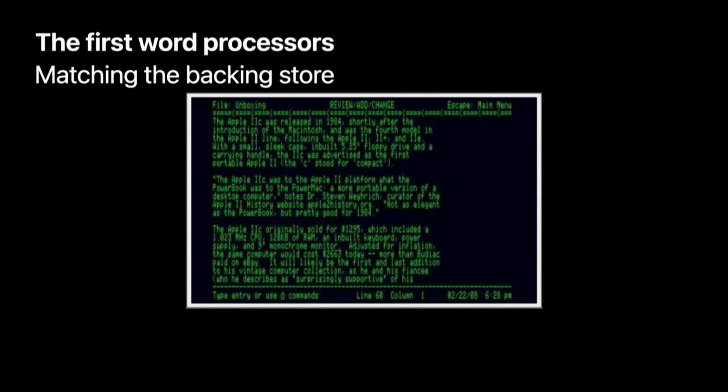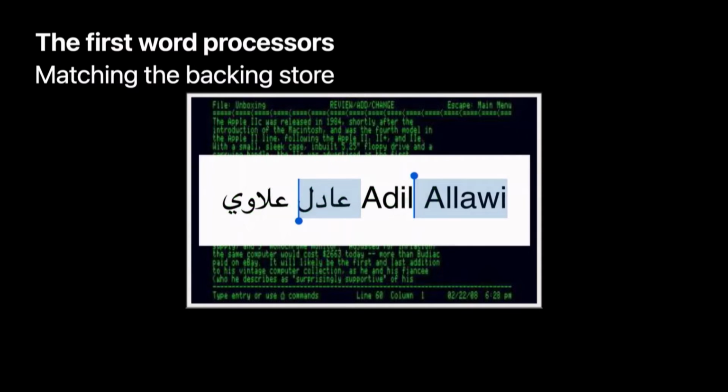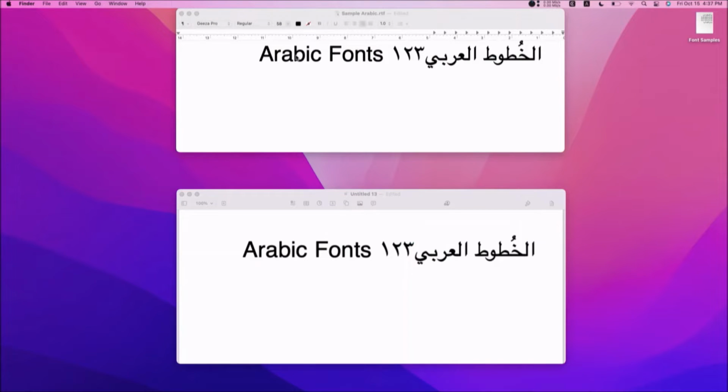And you had the backing storage, and in a way, that's where things started to go wrong for BiDi, because you end up with examples like this, where logically in the backing store, you know what you're doing here. You're selecting a single contiguous set of characters, but you've got to then mash around the user interface from that.